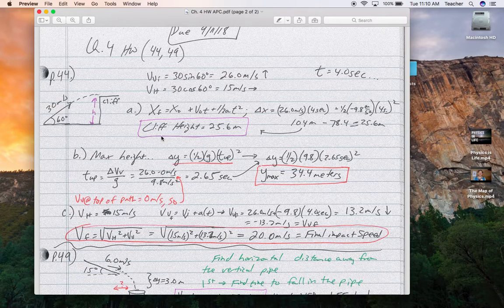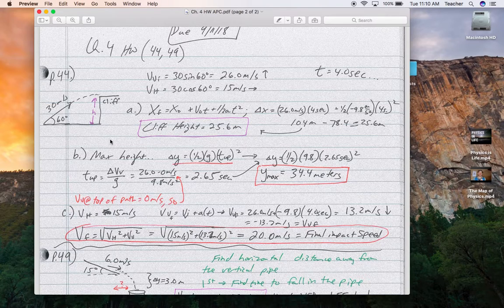So knowing that, we can figure out the change in vertical height after 4 seconds using a formula like this. Delta x is just x final minus x initial. Really, it should be y, I suppose, if it's in the vertical direction, but don't worry about that. If we've got acceleration down but initial vertical velocity up, we need to be careful and keep one of those as positive and one as negative. So that means that the edge of the cliff is 25.6 meters high.